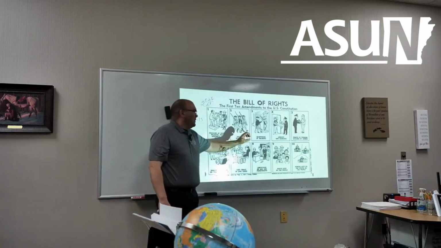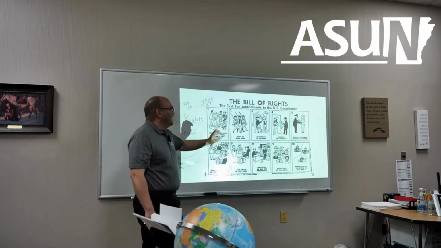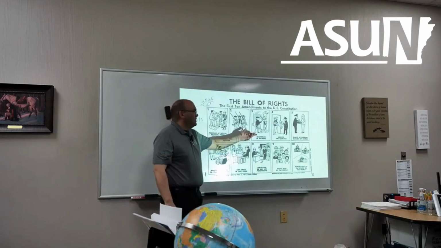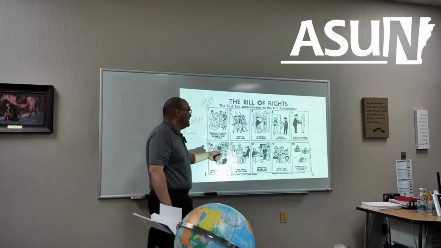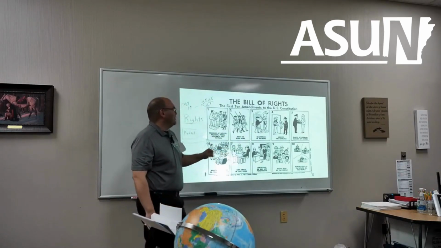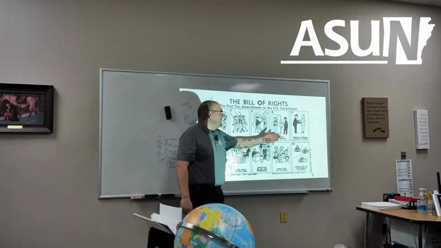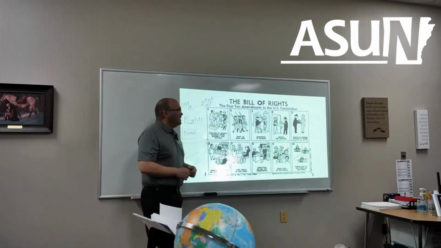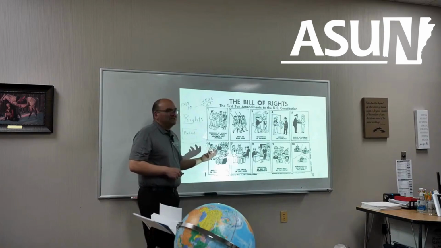We don't have time to go through all these, but just remember that some of them are double jeopardy, right? You can't be tried twice for the same crime. The 5th one is, I plead the 5th. You hear that a lot in court. You don't have to testify against yourself, and you have a right to a fair and speedy trial.